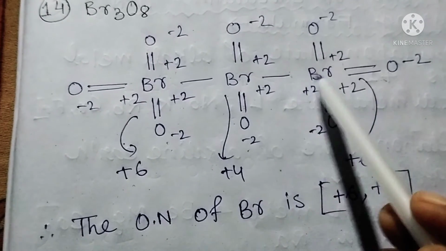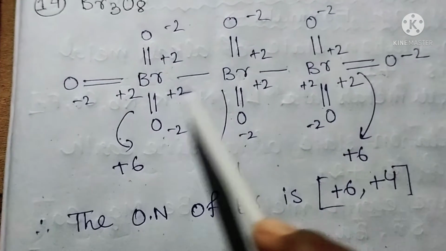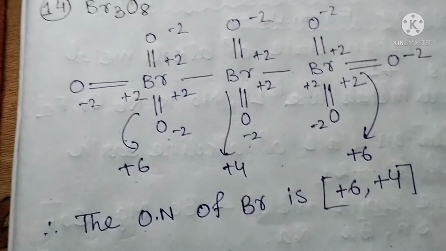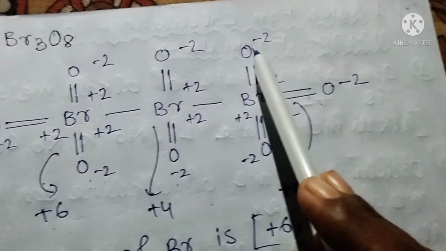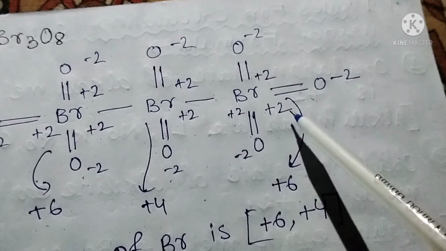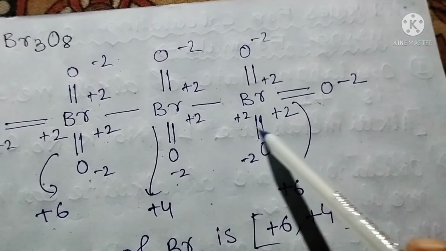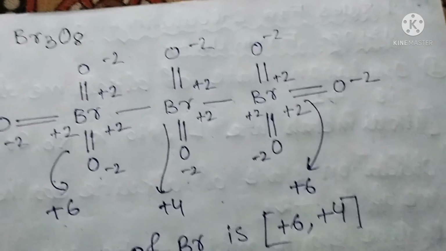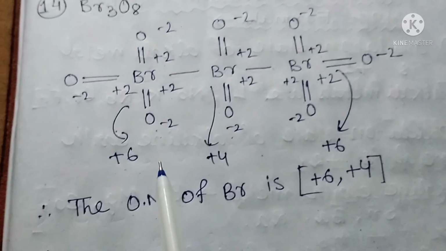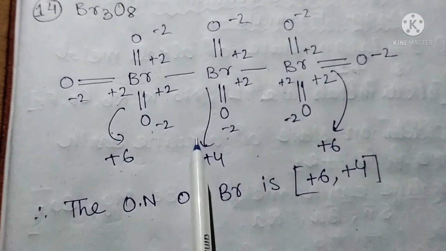And for this bromine 0, 0 and for this bromine 0, 0. So here we get +4 on bromine. Next is -2, +2, -2, +2, -2, +2. So total charge on bromine is +6. So the oxidation numbers of bromine are +6, +4.